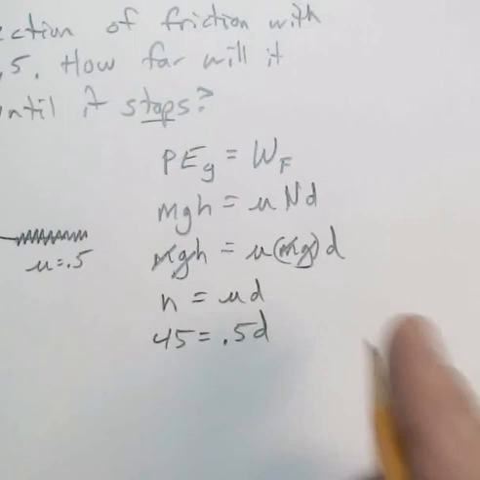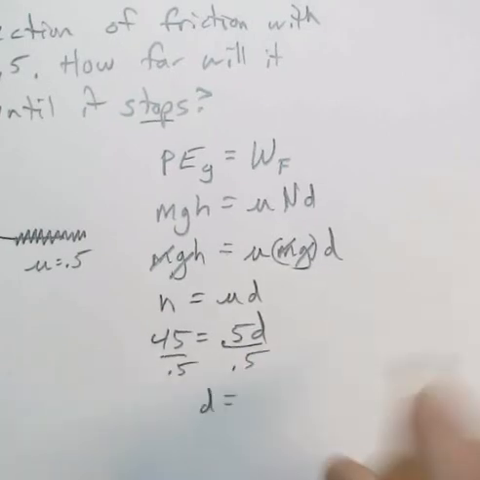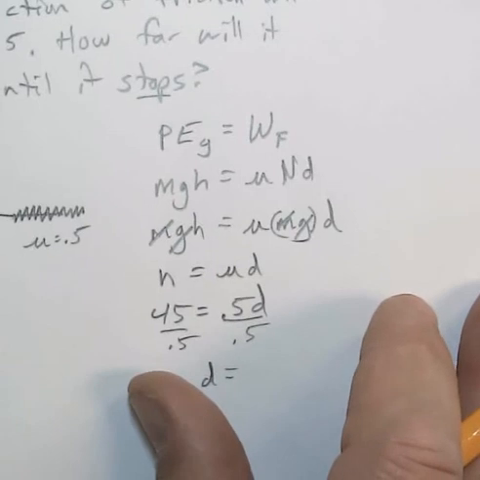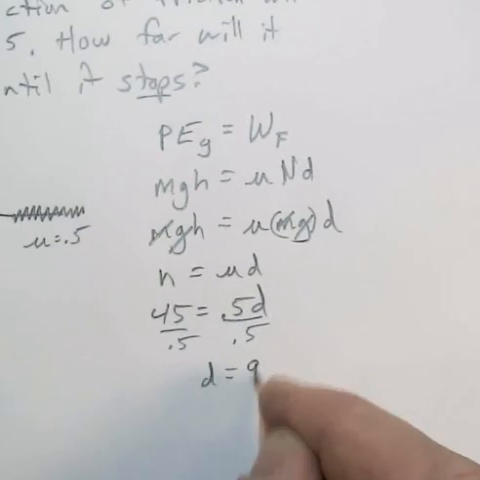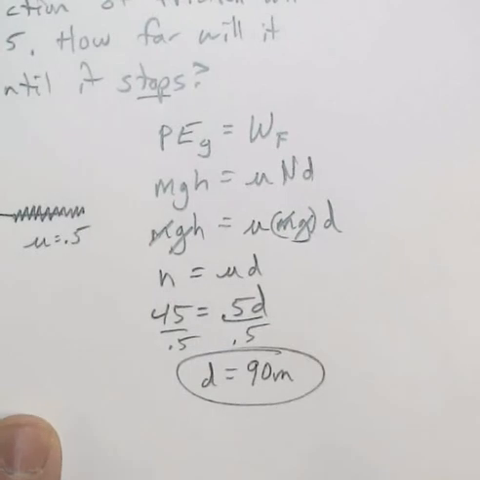Divide both sides by 0.5. 45 divided by a half is 90. I always try to trick you because people divide it in half and get 22 and a half, and they do it wrong. Make sure you divide by 0.5 when you divide by a half. You get 90 meters. Is it harder than the other ones? No, it's easier. And that's the only thing you insert, but you've got to watch for some other ones.